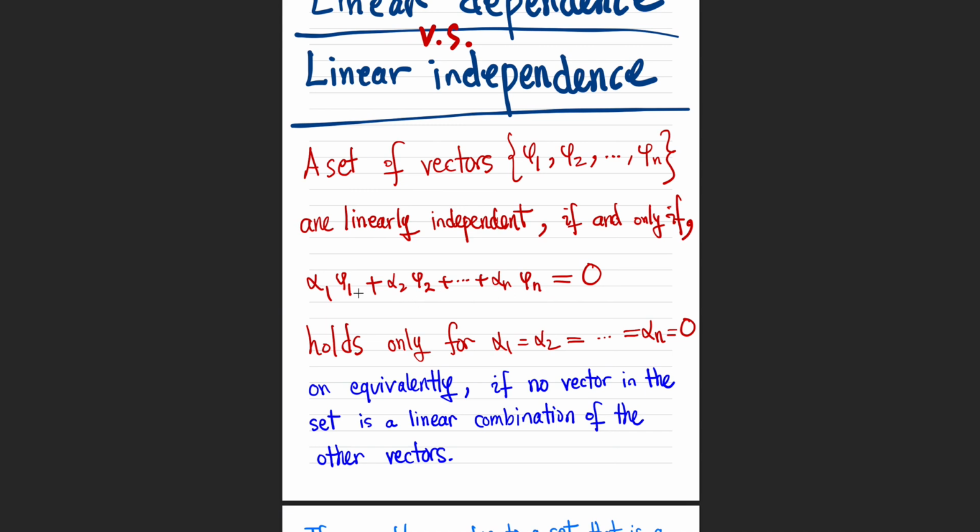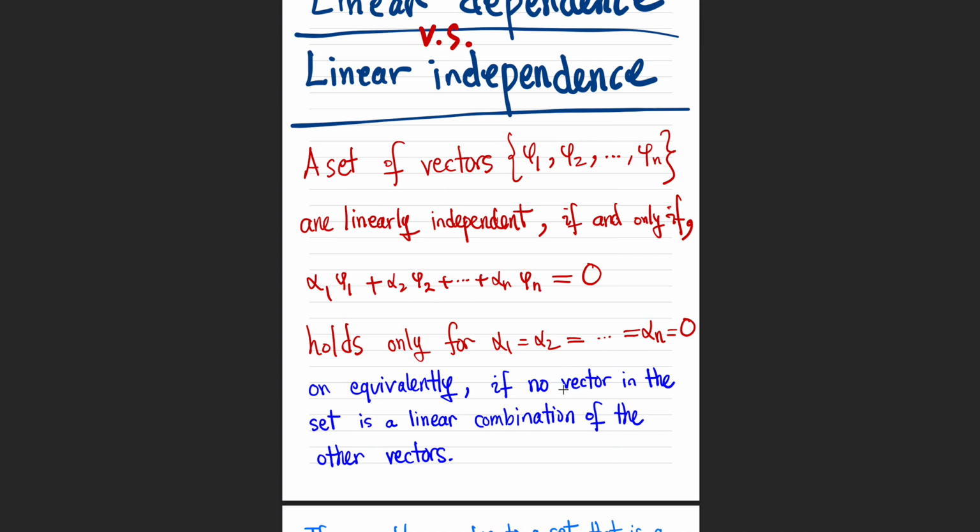It means that the only way that we can create a linear combination of them, essentially, because these alpha 1, alpha 2, alpha n are scalars, so when we multiply these scalars by these vectors and add them up, we are creating a linear combination, and the only way this can be 0 is that all these scalars are 0.